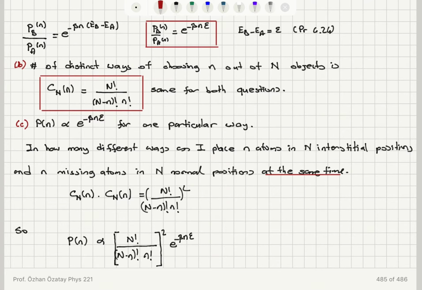So what is this? Corresponding to the same scenario, I have this degeneracy, right? There are so many different ways I can do it, and I will still have the same energy, n times epsilon, for this configuration. So this will be the answer.